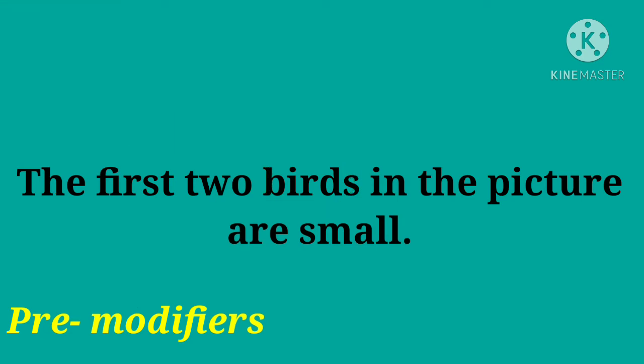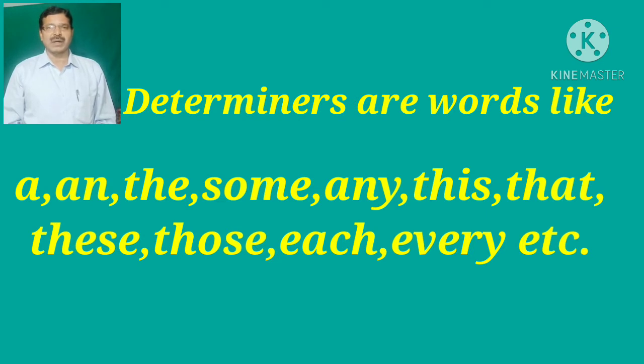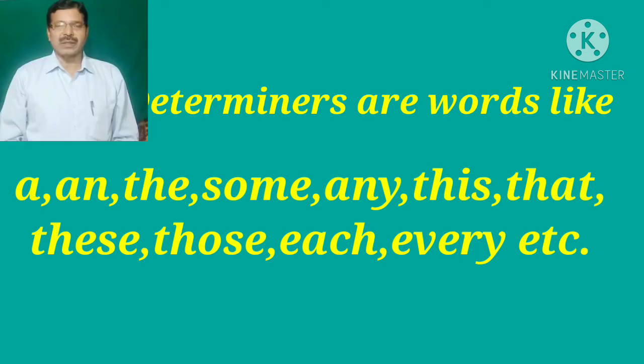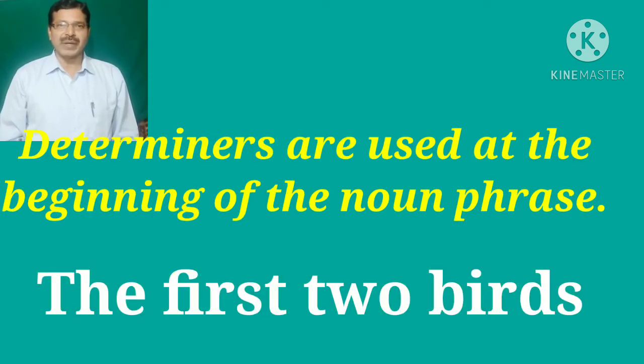In other words, determiners are the words like a, an, the, some, this, that, these, those, each, every, many, a few, etc. But a very important thing you have to remember is that determiners are used at the beginning of the noun phrase.